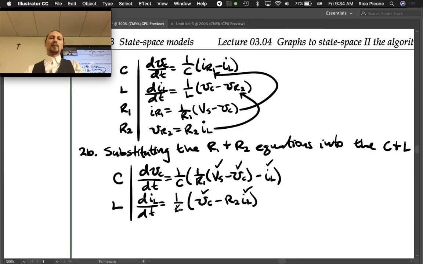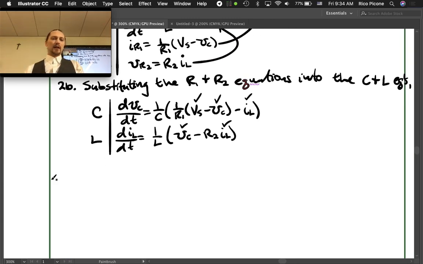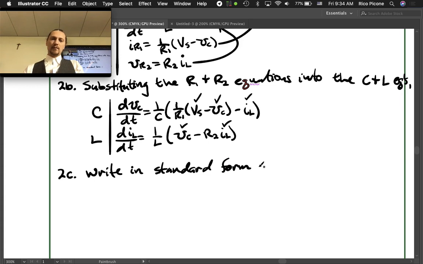So let's remember what standard form looks like, right? So write in standard form, which is dx dt equals Ax plus Bu, right?